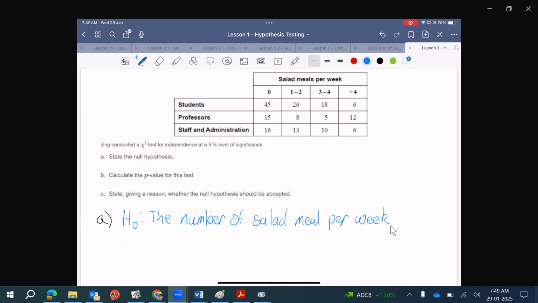And then the key phrase is independent of. That's our key phrase. And then we need to describe what this is, and that would be position in the university.